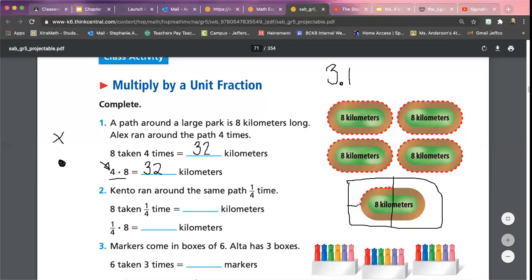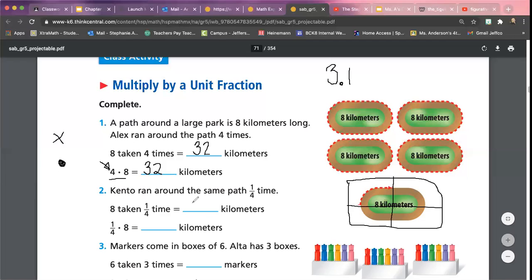So if he ran 1/4 of it, did he run all 8 kilometers? Anybody? No. Ridian, why not? It's a 4th. It's one part. Yeah, so it's not a whole, right? It's 1/4 of a whole.